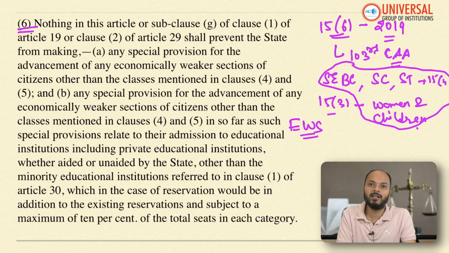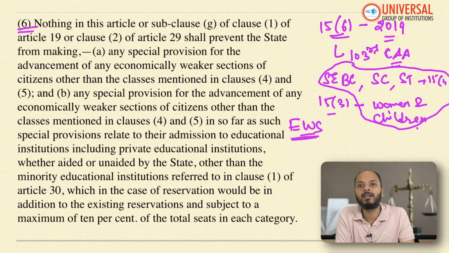So economically weaker sections will also be allowed positive discrimination by the state under Article 15 subclause 6.